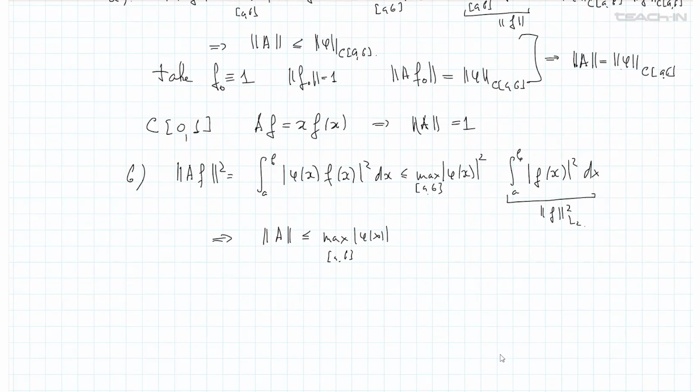What do we know? We know that the function phi is continuous, yes? So there exists a point x0 such that the value of the function phi at this point gives us a maximum. Continuous functions have a maximum on the interval, on the compact.